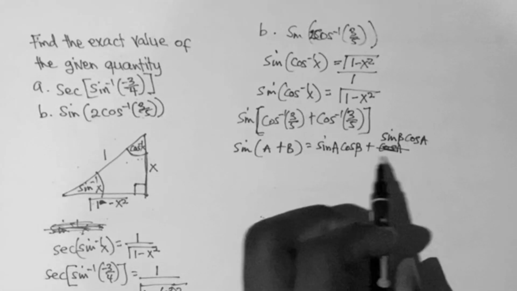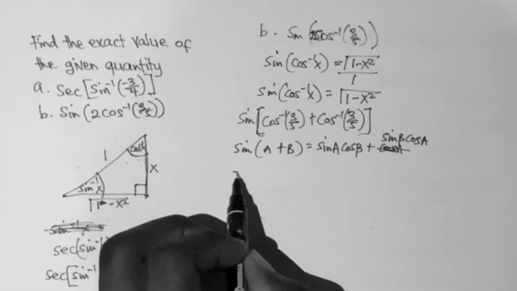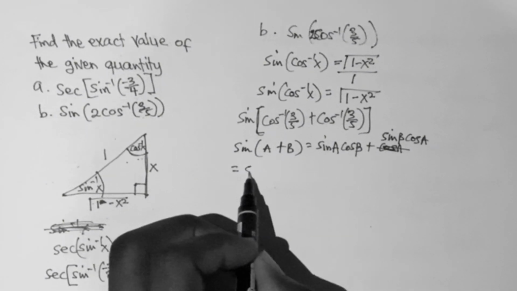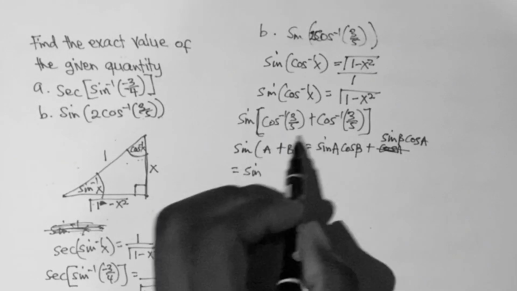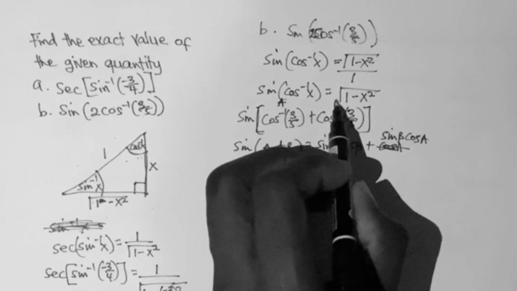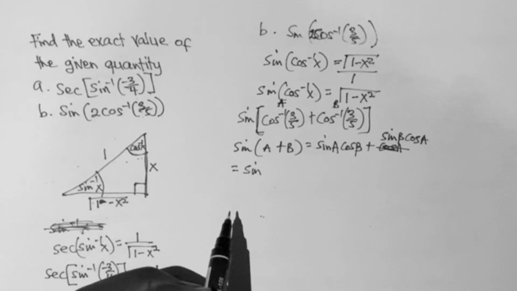So now using that in this expansion is going to give us sine, so all of A, this is all of A, cos inverse of 3 over 5, and all of B is also cos inverse of 3 over 5.